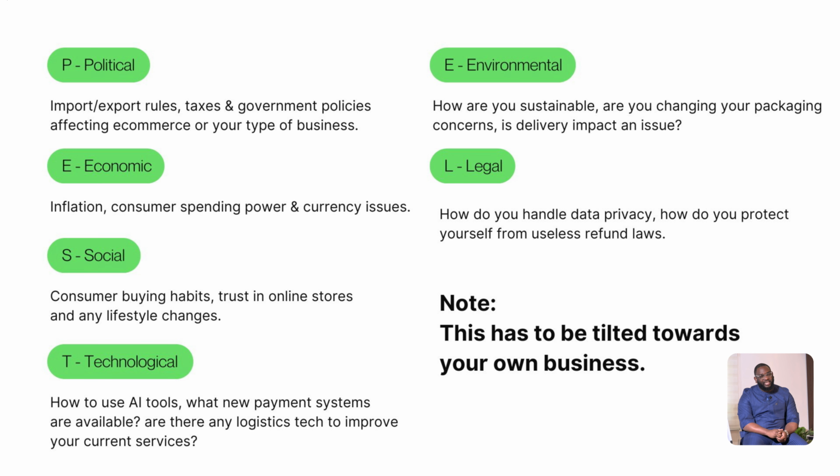With the economic analysis, you have inflation, you have purchasing power, you have currency as well. A few years ago, and when I say a few years, I'm talking about maybe 2022, £1 was 700 naira.